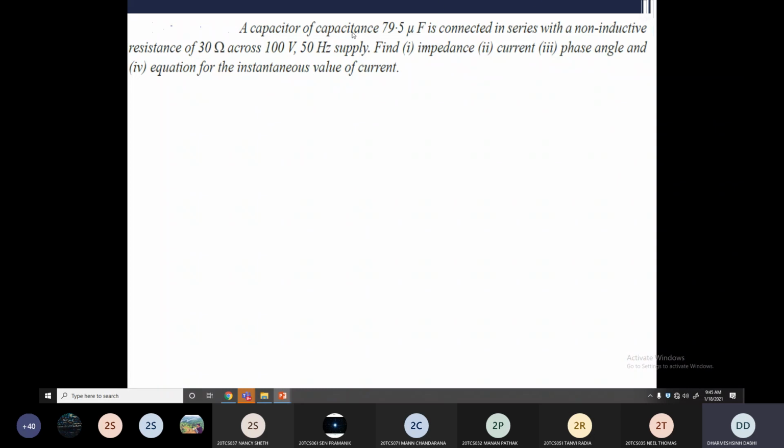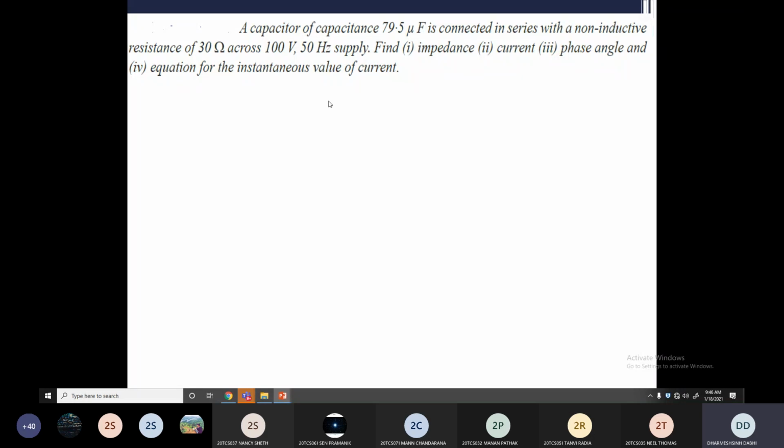Write down: a capacitor of capacitance 79.5 microfarad connected in series with a non-inductive resistance of 30 ohm across a 400 volt, 50 hertz supply. Find first impedance, second current, third phase angle, and fourth the equation for instantaneous value of current.